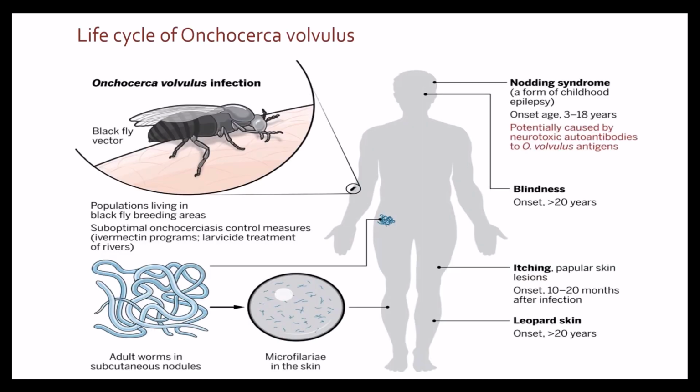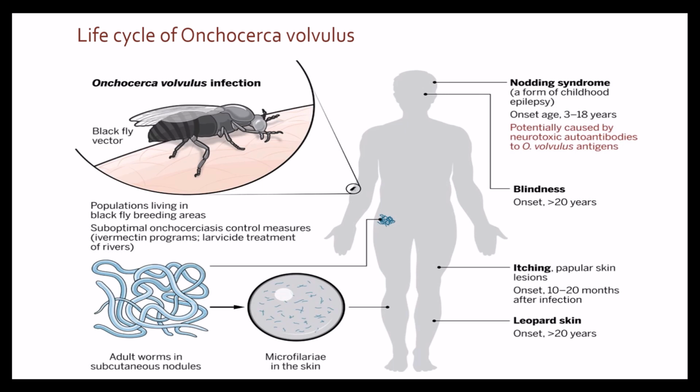The life cycle of Onchocerca volvulus is illustrated in this diagram. The blackfly bites to obtain blood, and larvae are transmitted when it bites.